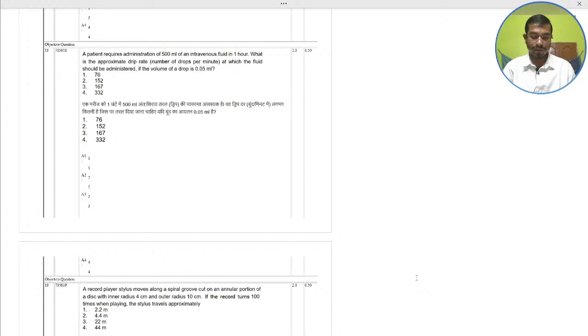So first you should calculate the number of drops to be administered. So total dose 500 divided by the volume of a single drop, that means 0.05. It would be 10 to the power 4. So now calculate the drip rate.